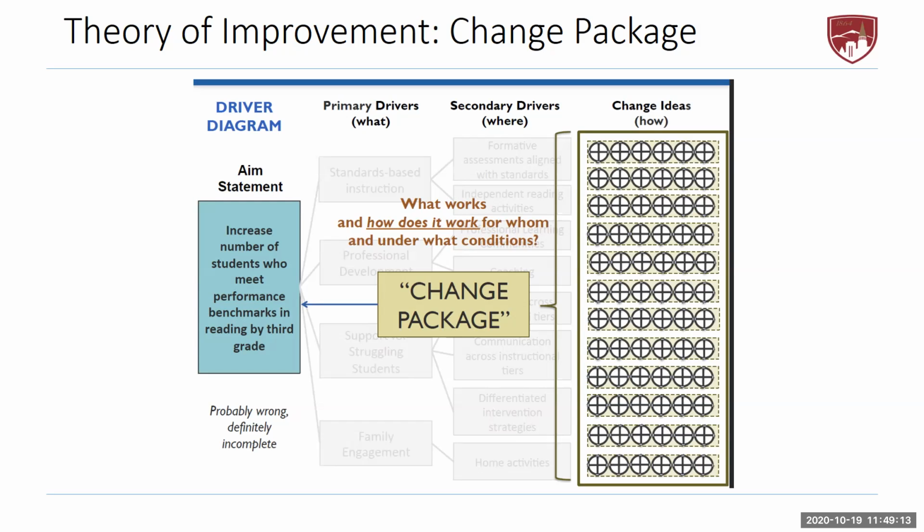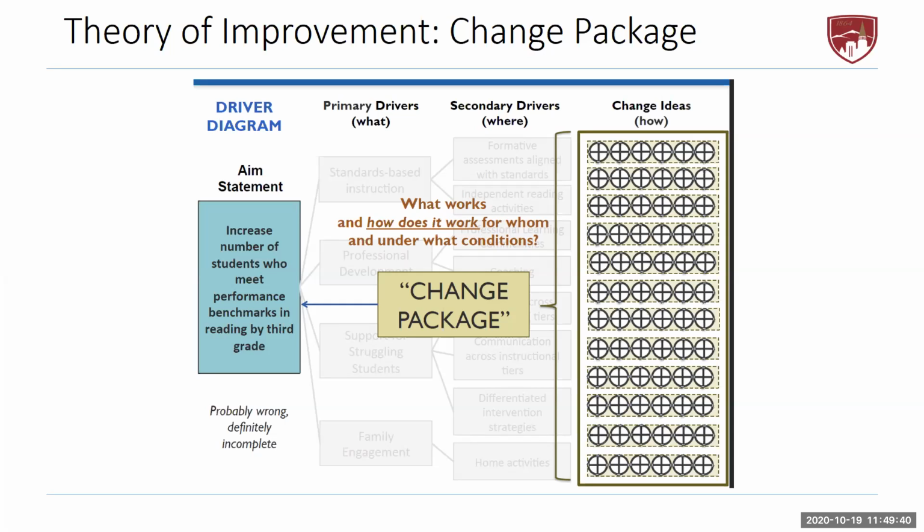And you really are thinking about what works and how does it work for whom and under what conditions. So each time you're implementing a change idea, that's what you want to focus on. What's working, who's it working for, under what conditions. And that's where the PDSA cycles come in. You design these change ideas and you test them out. And that's how you start to be able to answer that question about what works for whom, under what conditions.